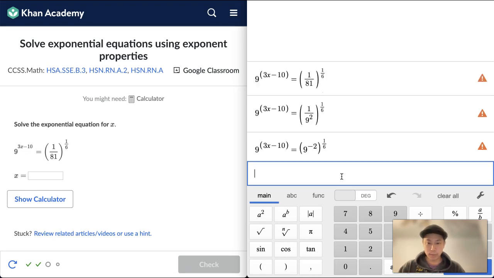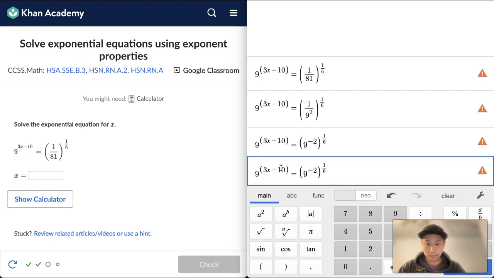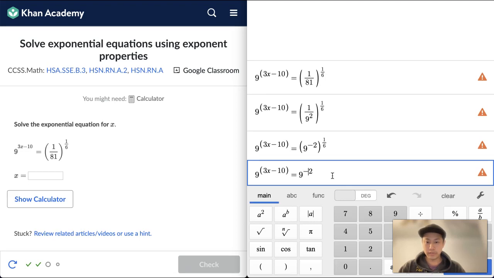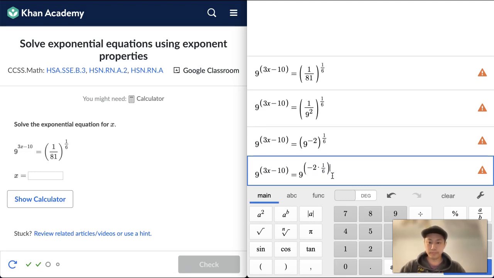So let's apply more exponent properties. I have another power to a power, a negative 2 to the power of 1/6, or it's a negative 2 times a 1/6, right? Power to a power. So we can change this to negative 2/6. Okay, I'm going to leave it unsimplified for now, but negative 2 times 1/6 in the parentheses, we'll do it like that.